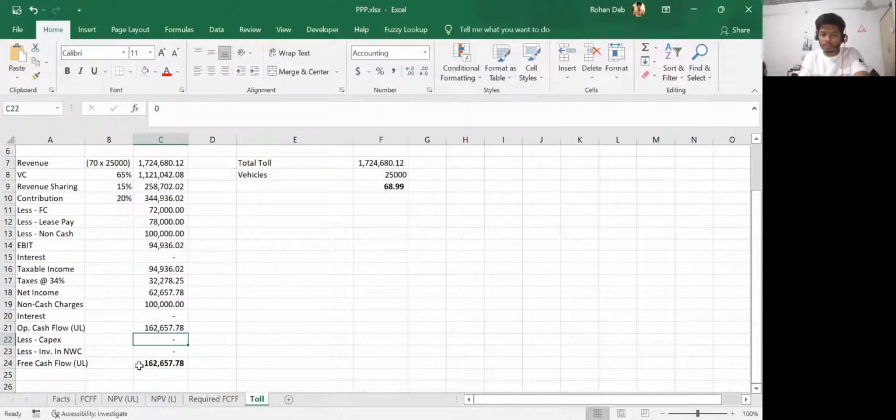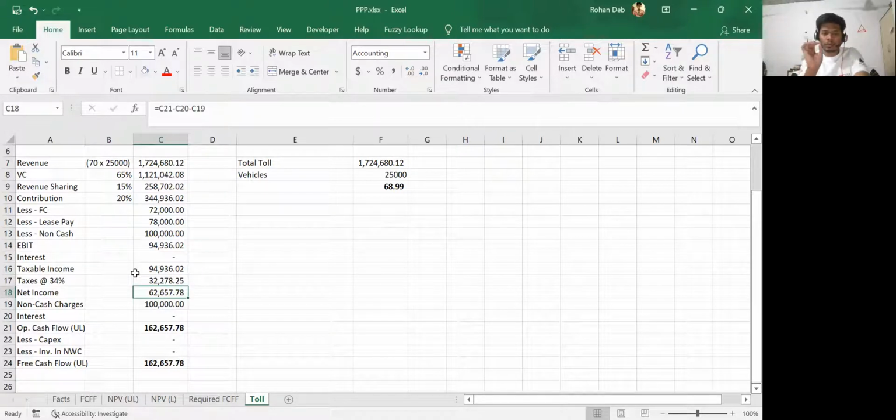There's no investment or capital expenditure, so this is fine. This will also be the same. Add back your interest, this is your operating cash flows. Now from your operating cash flows, you subtract interest and depreciation charges, which comes to a net income.